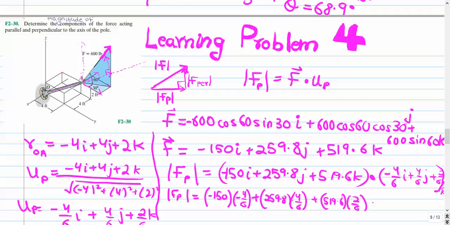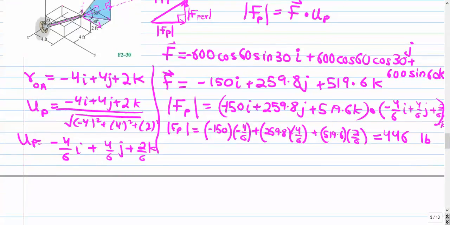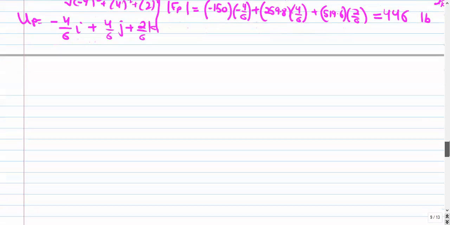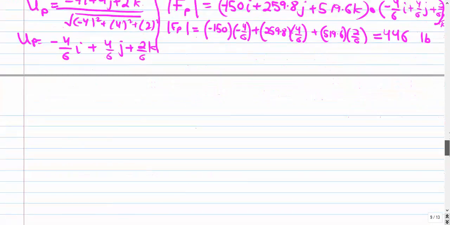And once we add them up, we come up with the number 446 pounds. So this is the magnitude of the component of the force F parallel to the axis of the pole.